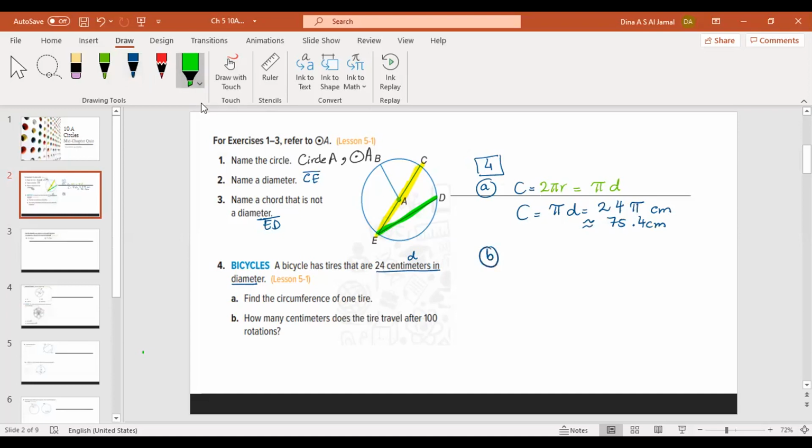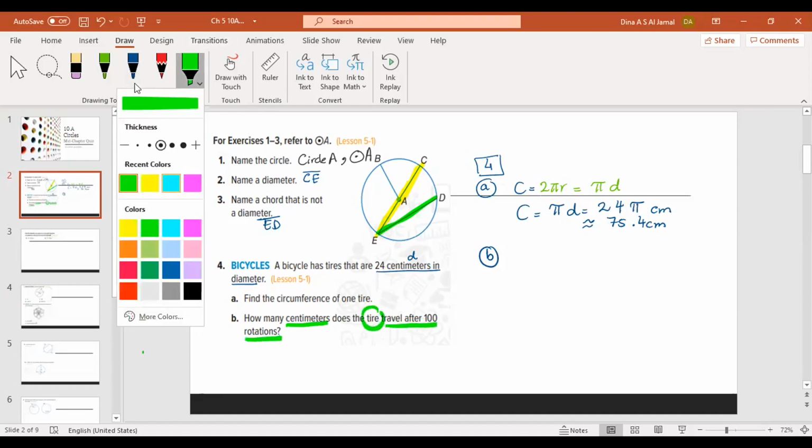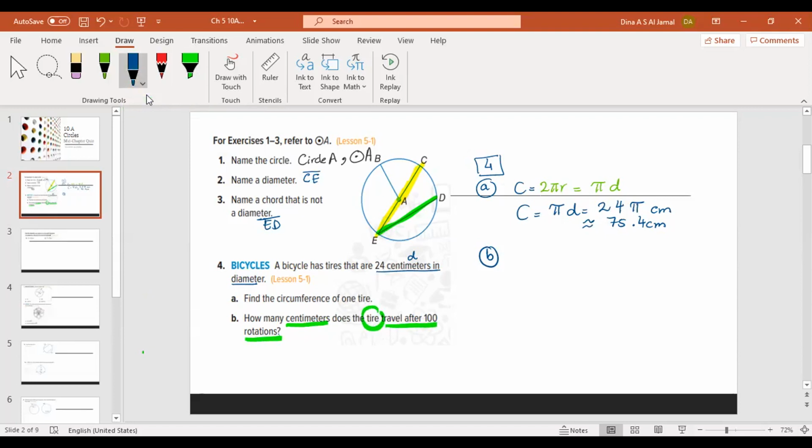Now let's go to question B. How many centimeters does the tire travel after 100 rotations? So pay attention. Each rotation, the tire will be traveling in a circular way. It means it will be covering the whole circumference. So each rotation equals 2 pi r, which is already your circumference.